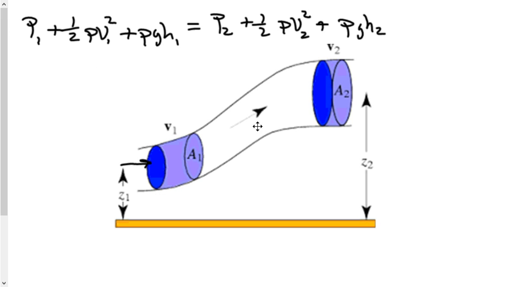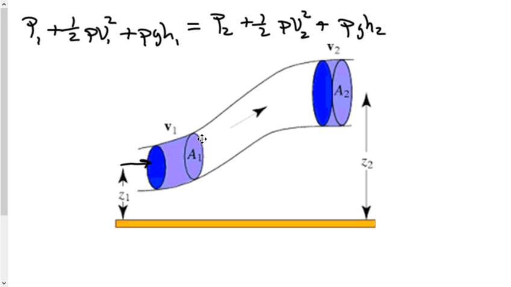It then goes up, so there could be a second pressure of the fluid. If it's outside, it could be atmosphere. Then plus 1/2 rho v2 squared, how fast it's traveling there, plus rho g h2. So we can use this equation to solve for any one of these variables depending on what information is given in the question, but one variable will be unknown.